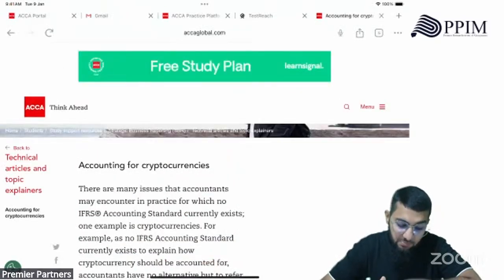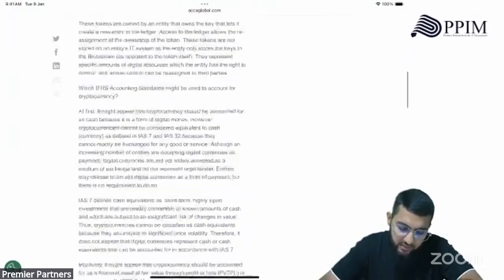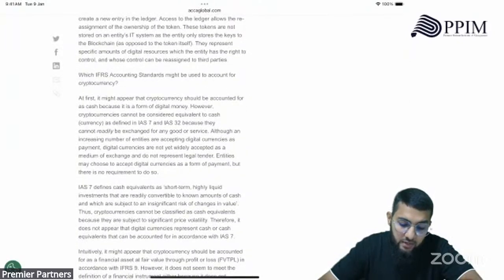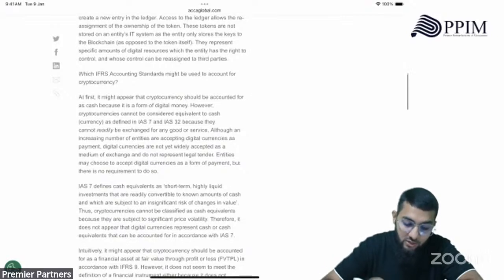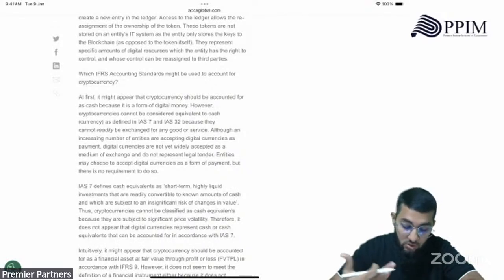There is a separate technical article on that. So what is cryptocurrency? They are explaining that. At first, it might appear that cryptocurrency should be accounted for as cash because it's a form of digital money. However, cryptocurrencies cannot be considered equivalent to cash as defined in IAS 7. So they're clearly explaining all that you are supposed to respond there. Because they cannot readily be exchanged for any good or service, although an increasing number of entities are accepting digital currency as payment. So you know what to take.